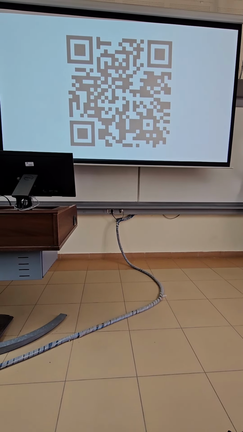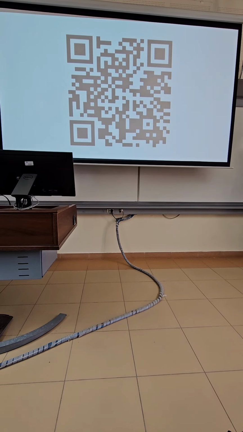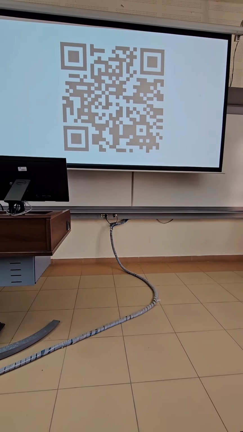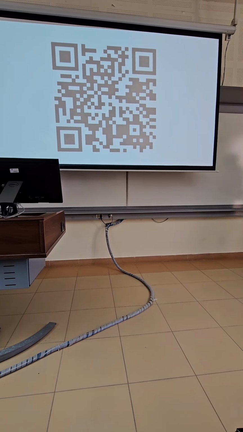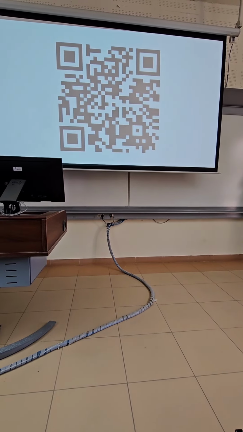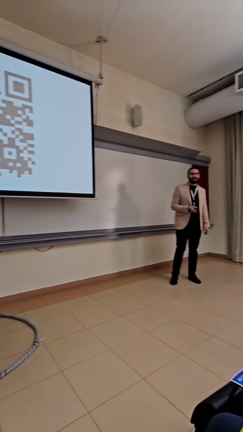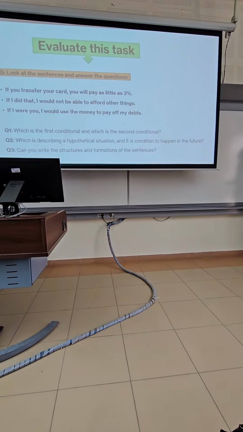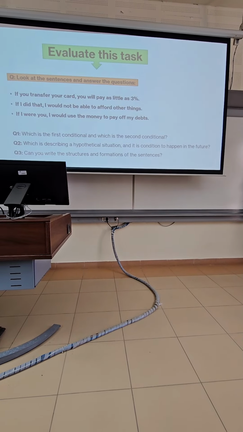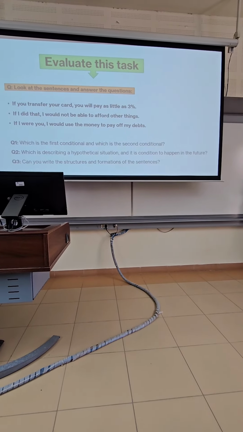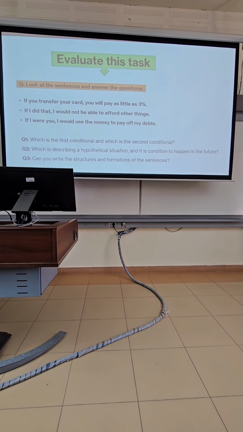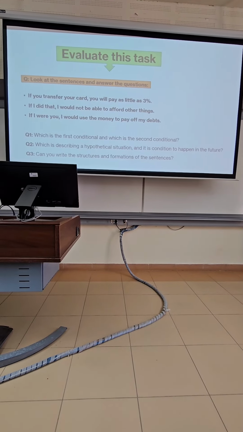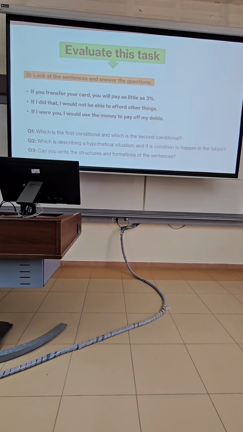If it's not visible as a QR code from your distance, you can take a picture, then scan it. Might work. Alright, I think we should stick with the picture anyways. Okay, everyone has the picture?